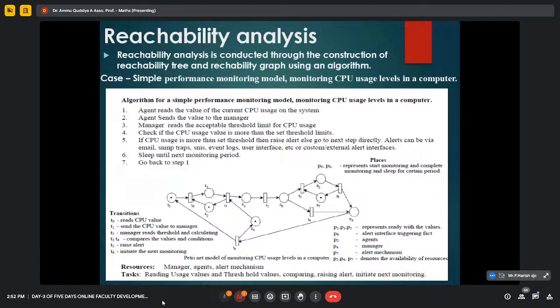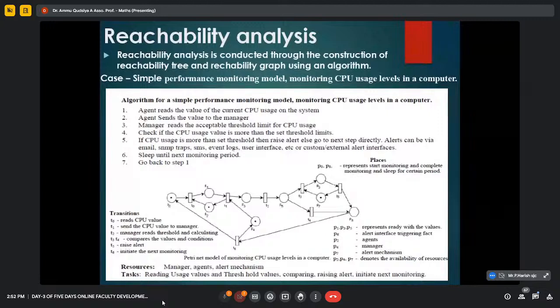If you go to a computer network center, you can see many computers connected to your server. The server will manage all the computers. So there will be a manager in the server. And in each and every computer, there will be an agent which will monitor the usage of the CPU.